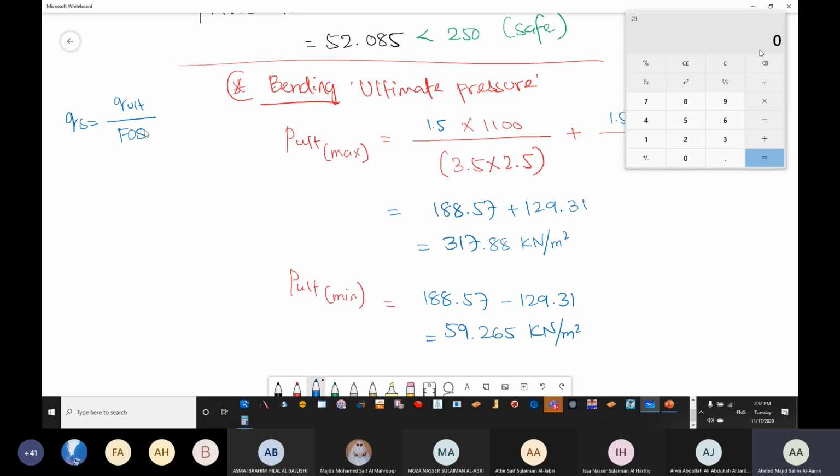Those who have finished or are taking geo now, do you agree that safe bearing capacity equals ultimate bearing capacity divided by factor of safety? It means that to reach the safe bearing capacity, you have already taken a factor of safety. Now there is no point of taking another factor of safety.